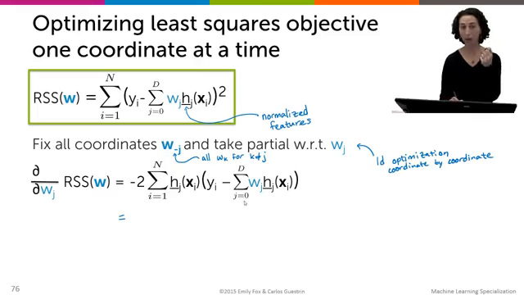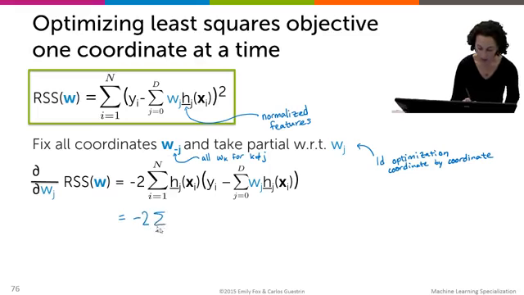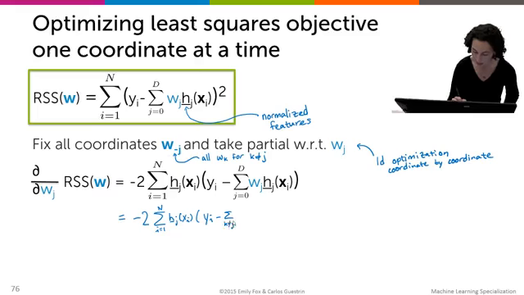So I want to separate out wj, which is my variable, and solve for everything in terms of these other quantities. So let's do that. I have minus 2 sum i equals 1 to n of h bar j of xi, and I'm just going to rewrite this as yi minus the sum over k not equal to j of wk h bar k of xi.